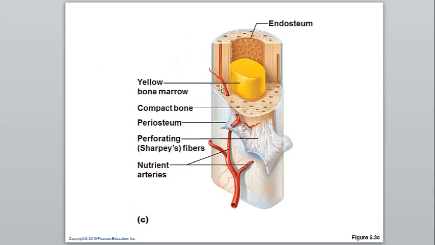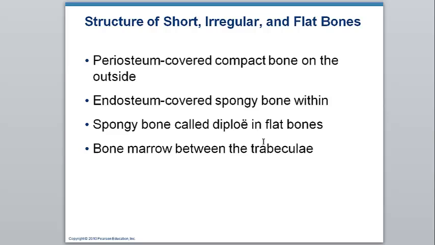So here's a better picture. You can see how the blood vessel enters your bone. And here's the yellow bone marrow and endosteum. Endosteum also has osteogenic cells in it. And here are the white fibers that attach your periosteum to the bone itself, called perforating fibers or Sharpey's fibers.